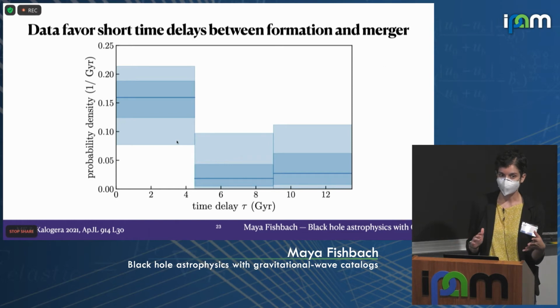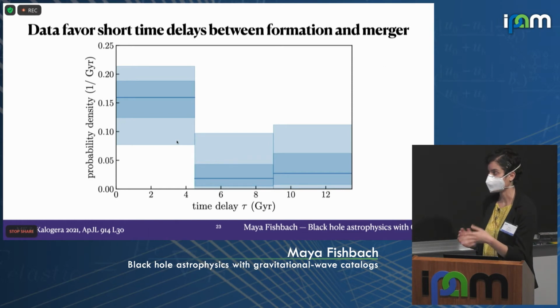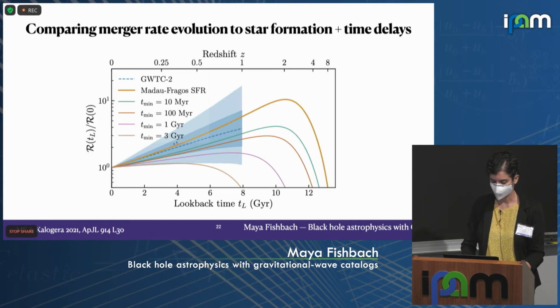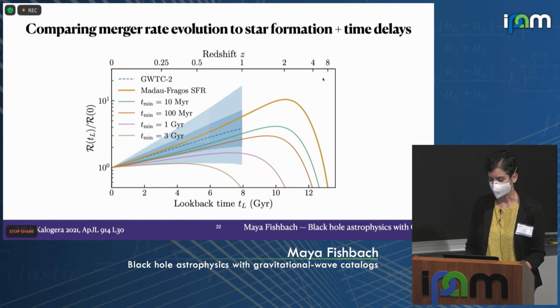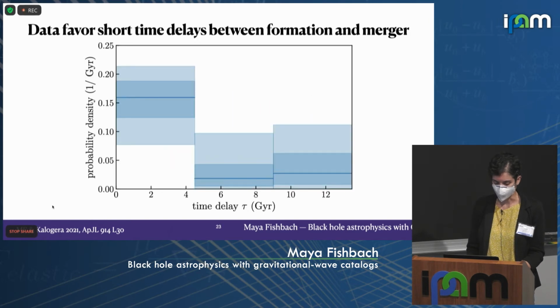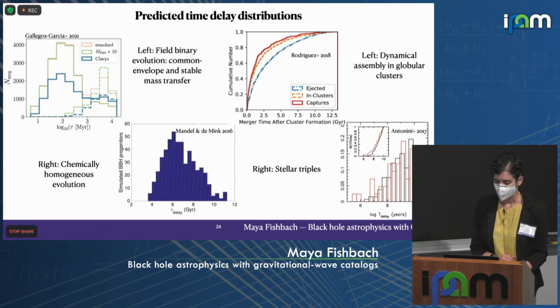In reality, we probably expect the progenitors to trace the low metallicity star formation rate, which peaks at earlier redshifts because the metallicity of the universe is evolving. It was on average lower metallicity at higher redshifts, but if you're interested in those details, you can check out this paper where we do look into that.